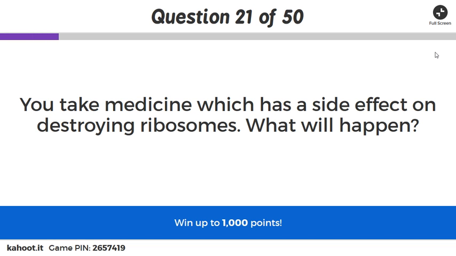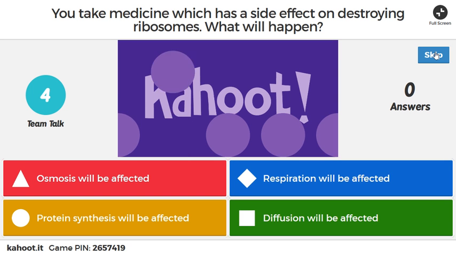You take medicine which has a side effect of destroying the ribosomes. What will happen? And there is no picture here.